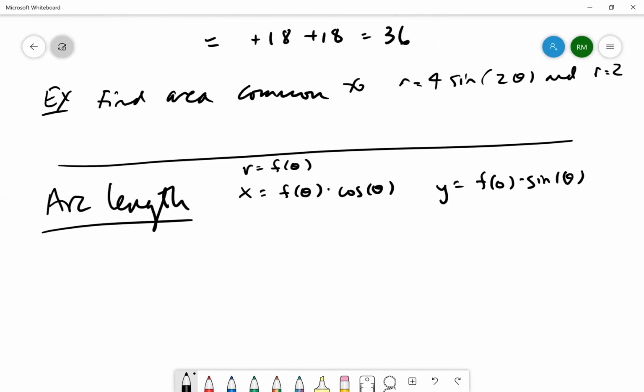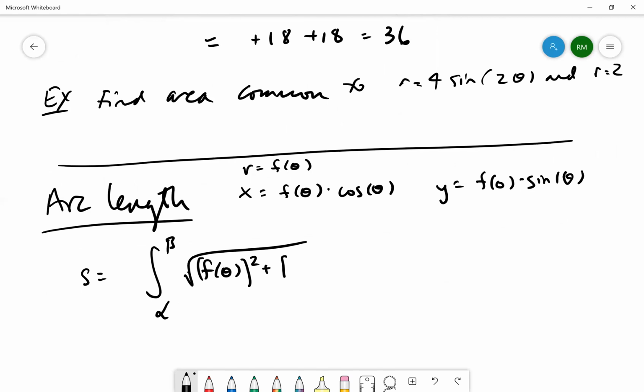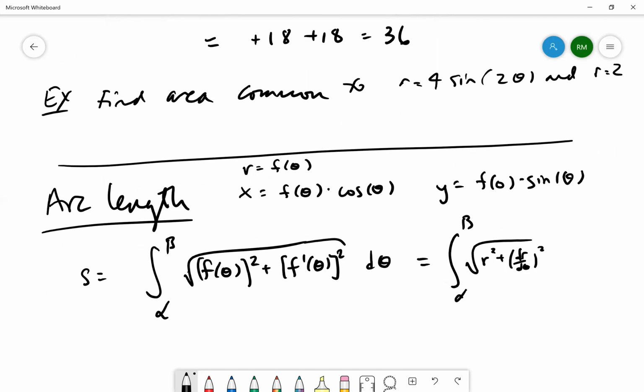And if you do all that work, you'll find that the arc length is equal to the integral from alpha to beta of the square root of f of theta squared plus f prime of theta squared d theta. Or in other words, it's the integral of the square root of r squared plus (dr/d theta) squared d theta.